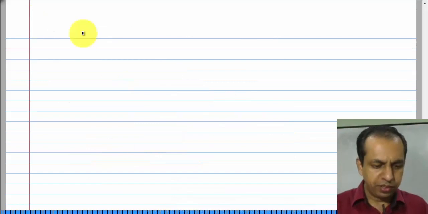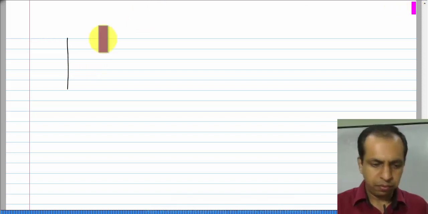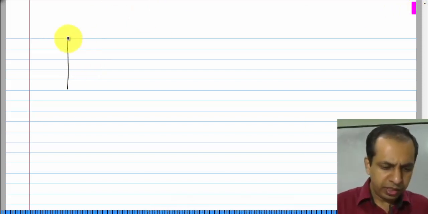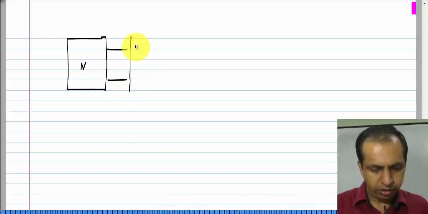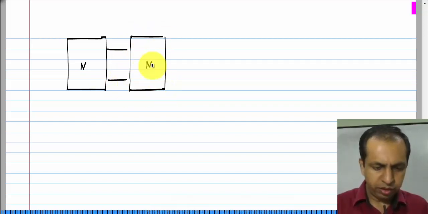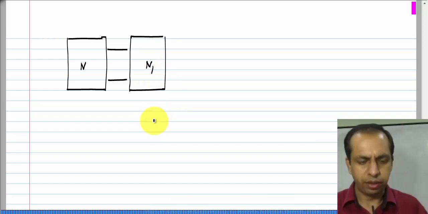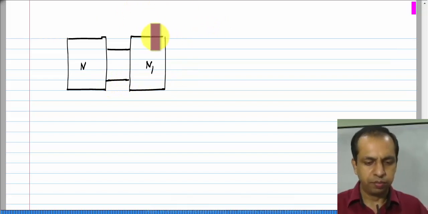Now, extending this further, let us say I had 2 circuits connected together like this. This circuit I call N and this circuit I call N 1. And they are connected only at 2 points, that is it. There is no other connection elsewhere in the circuit for this or that one.